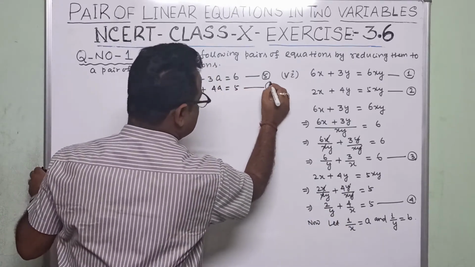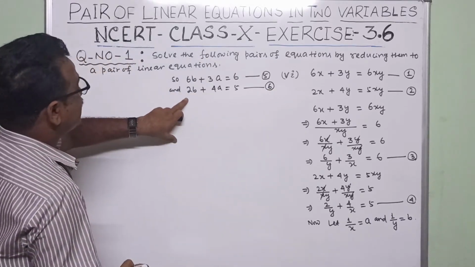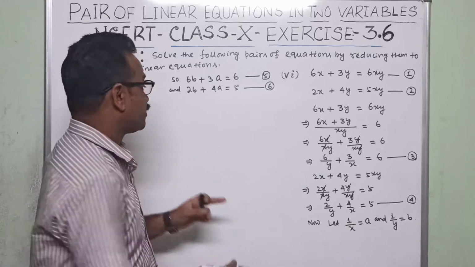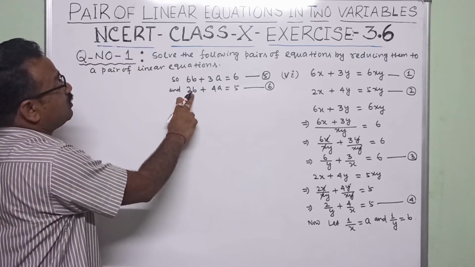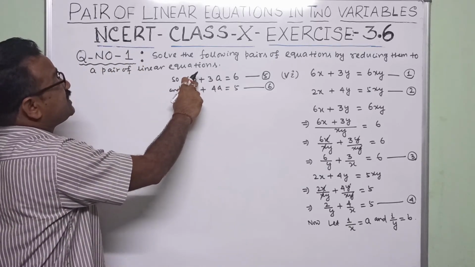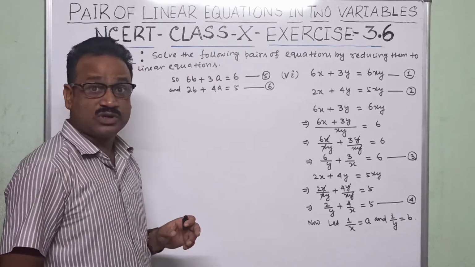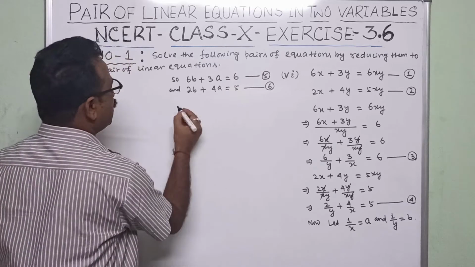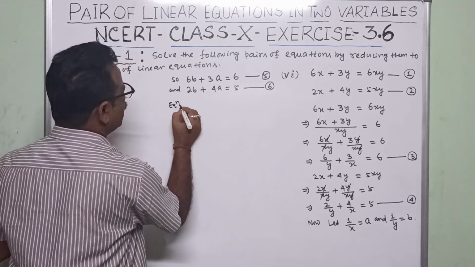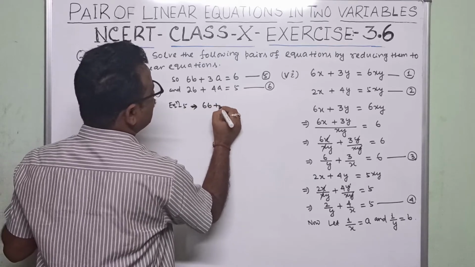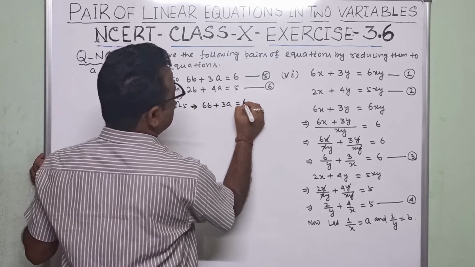Equation 6. Now here, we'll solve this by the method of elimination. By multiplying 3 here, we can equalize 6b. So 3 is the non-zero constant term which is to be multiplied. So now equation 5, 6b plus 3a is equal to 6.